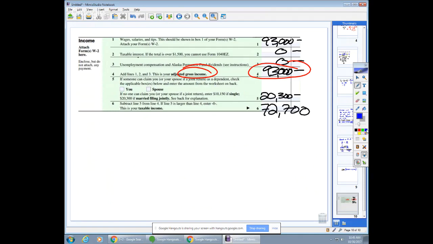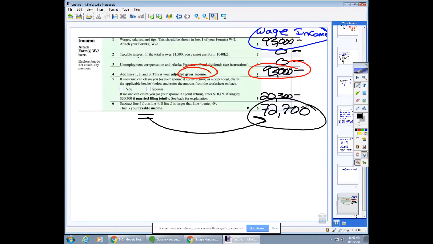This number up here they call the wage income. And this last number down here is our taxable income. So we've got wage income, gross income, gross adjusted income, and taxable income, all these different terms to keep track of.